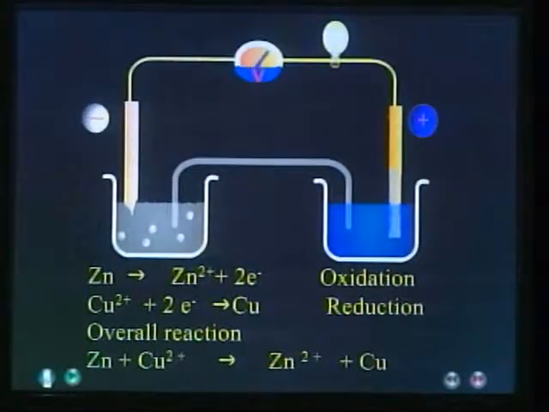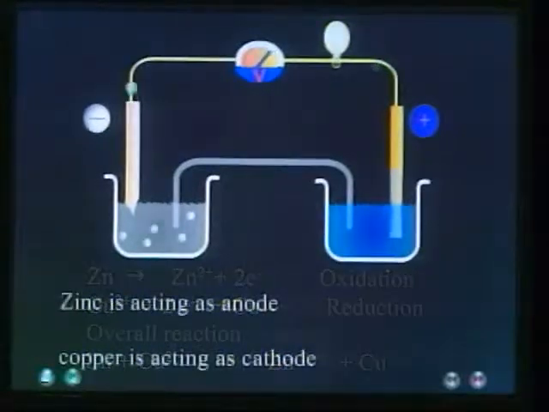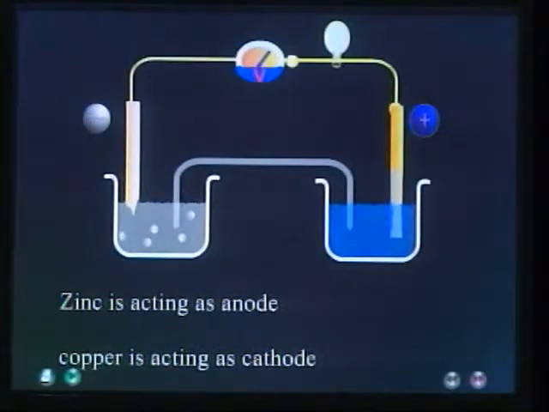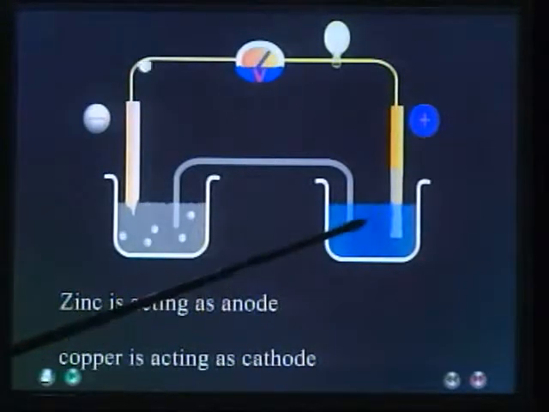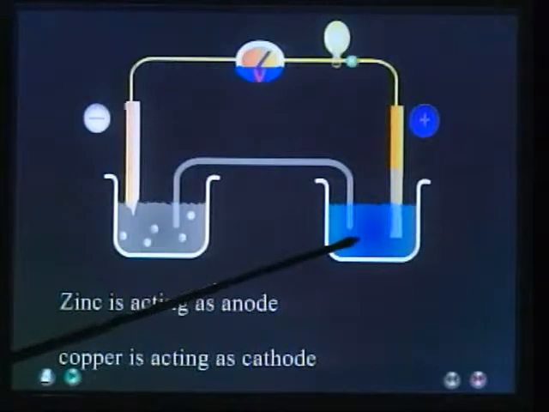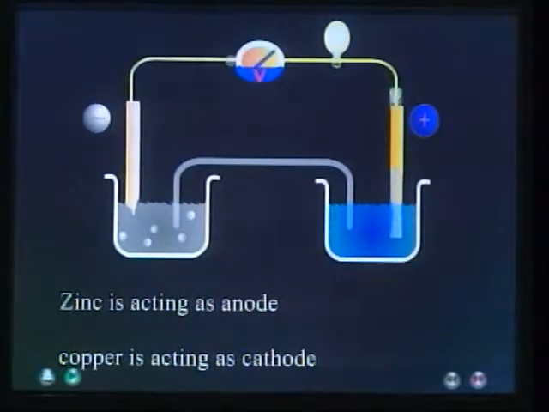The overall reaction taking place in the cell can be shown as Zn plus Cu2+ giving rise to Zn2+ plus Cu. The above scheme indicates that zinc is acting as anode because we see oxidation there, and copper is acting as cathode because copper ions are undergoing reduction.